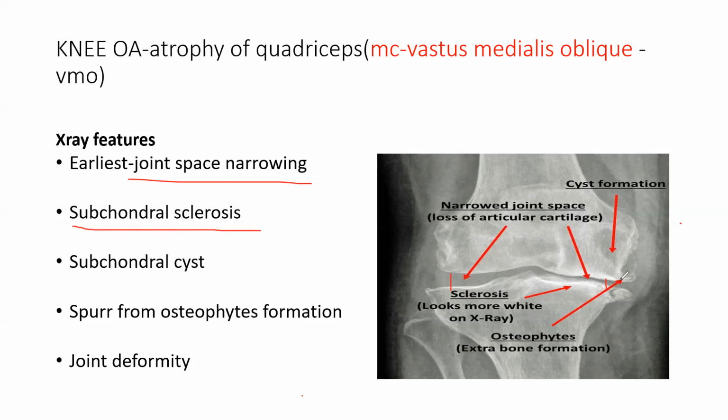You cannot see the articular cartilage on X-ray, since it is very thin, but below it in the subchondral area you will find sclerosis. Sclerosis means white, more bony formation. See this white is subchondral sclerosis. Sclerosis looks more white on X-ray.